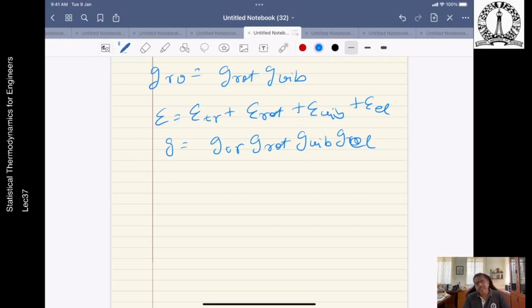So the total energy is simply the sum total of the individual component energies. The overall degeneracy is the product of the component degeneracies, as anticipated, because it was a probabilistic interpretation of independent events, because these are independent events to begin with. So there were now three fundamental prescriptions. One was the Born-Oppenheimer approximation, which gives rise to the Morse potential.